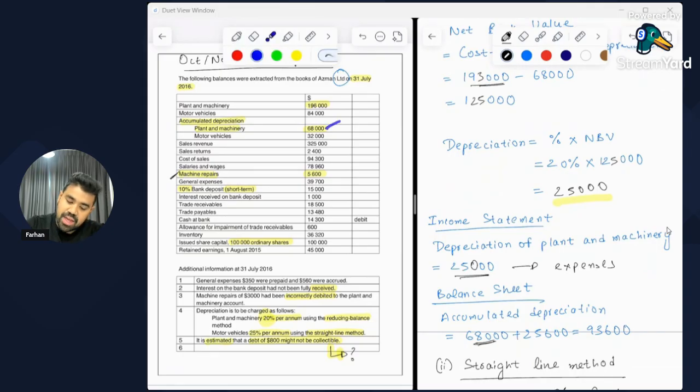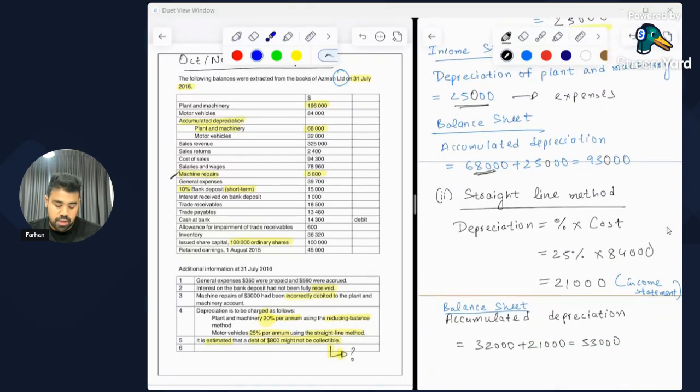Then we add an additional 25,000. Okay, which makes it 93,000 as the accumulated depreciation that we will report in the balance sheet. Okay. All right. So now let's move to the straight line method.